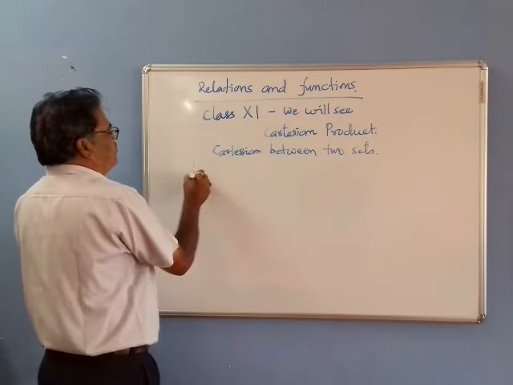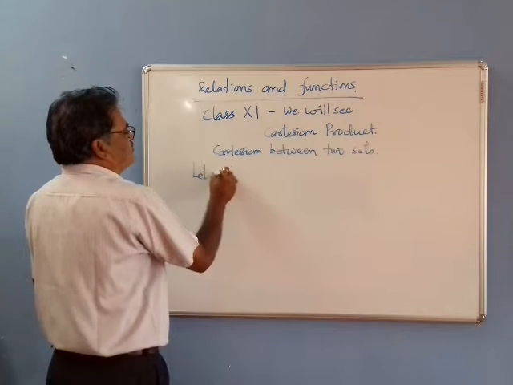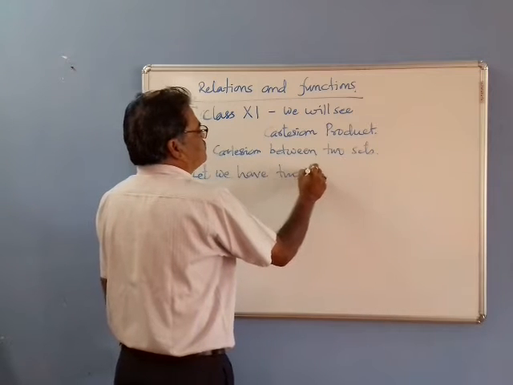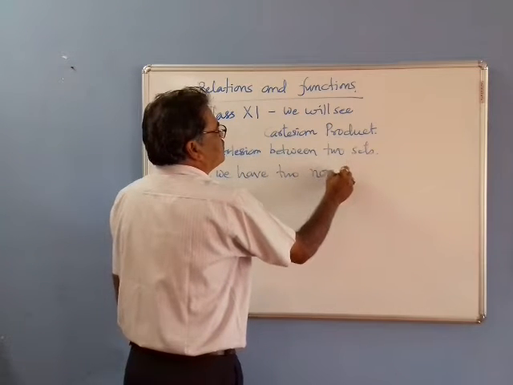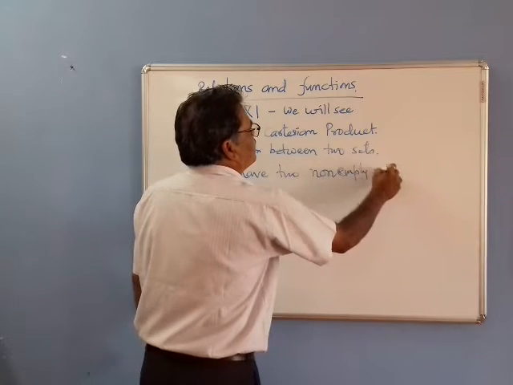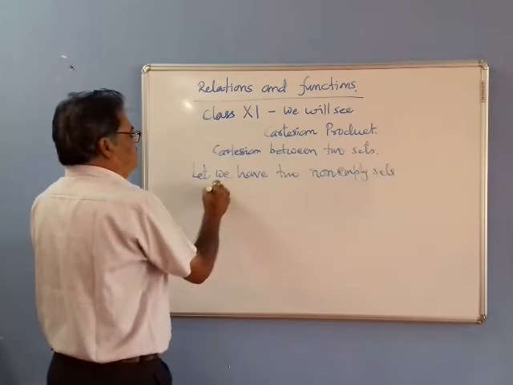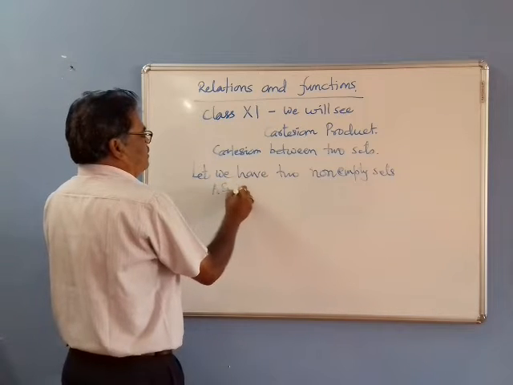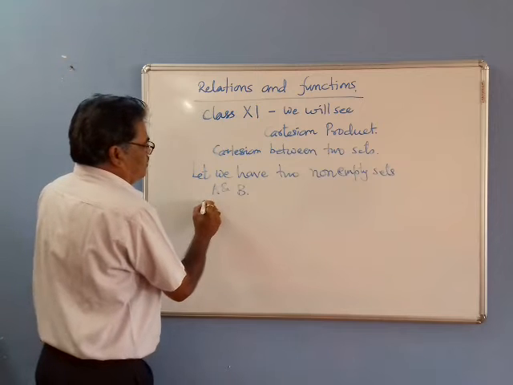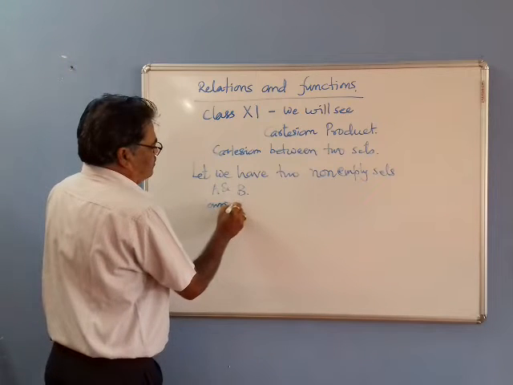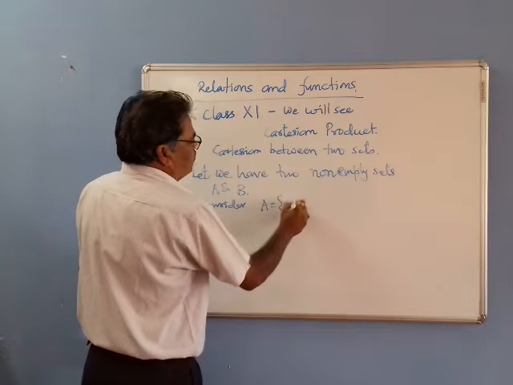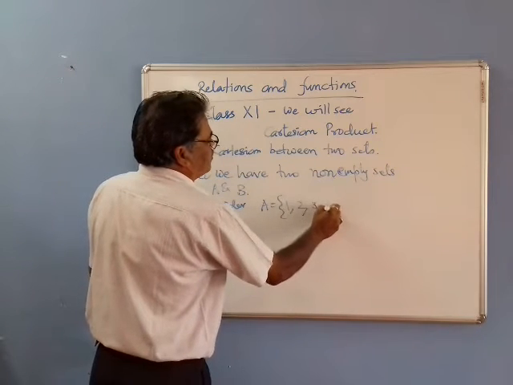Let us have two non-empty sets, A and B. Consider A is equal to {1, 2, 3, 4}.